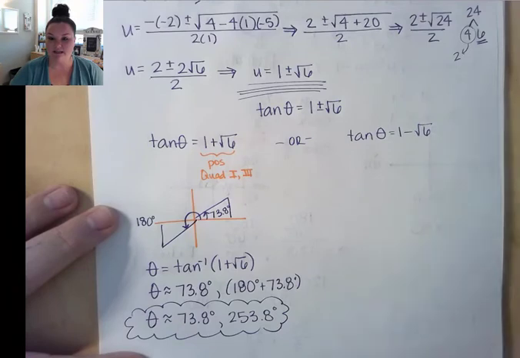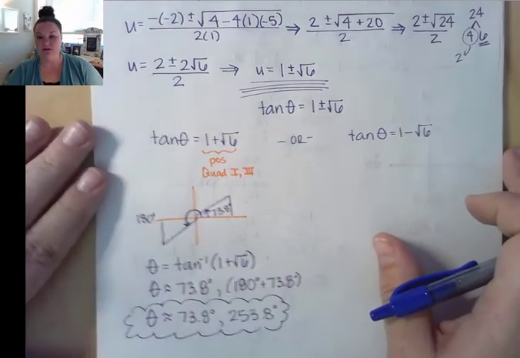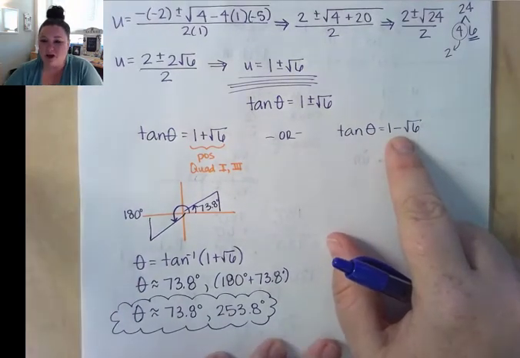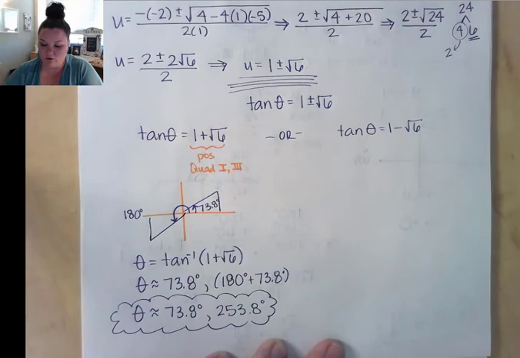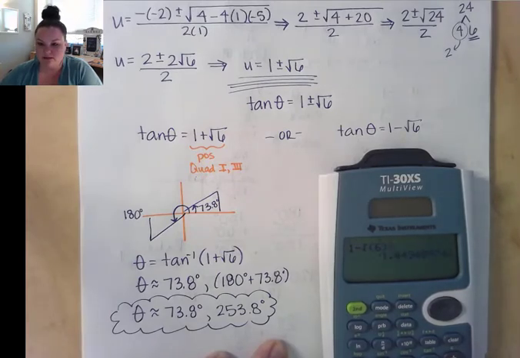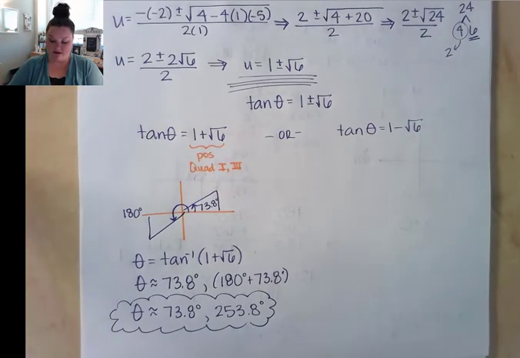Now I need to look at the second option and see what it is going to end up being. First thing I need to know is whether this tangent value is going to be positive or negative, so that I know what quadrant we're in. And if you're not sure, you can always plug it into your calculator. 1 minus the square root of 6 ends up being a negative 1 point something something, right? So we know that this is going to be a negative value.